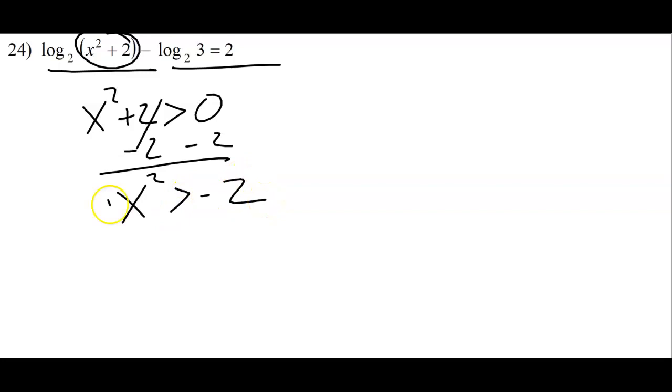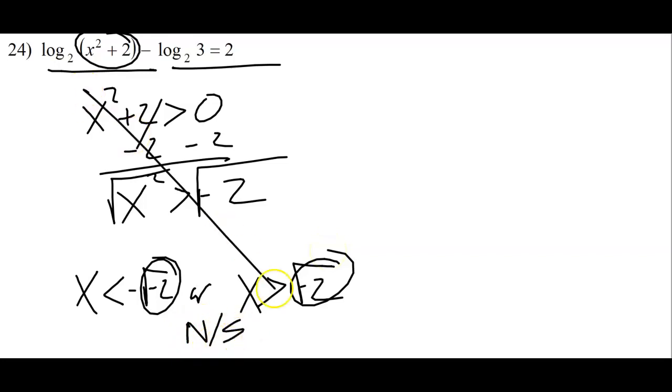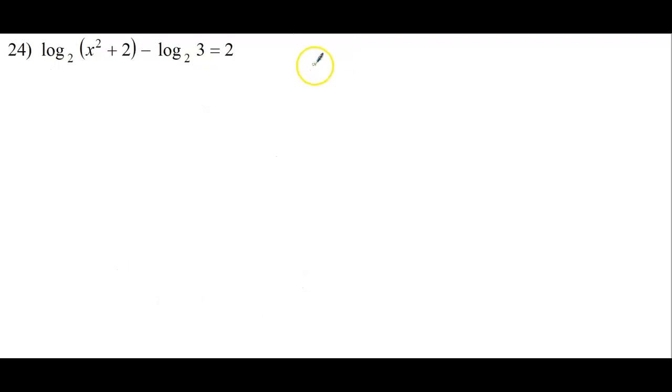When you have an inequality and you're solving by taking a square root, you get two answers, one where it's less than and one where it's greater than. The one that's less than is the negative version, and the one that's greater than is the positive version. But once again, we have a square root of a negative. When you have a square root of a negative, that means there's no solution, which means that there are no domain restrictions, which means that x can be anything. So we're good to go and we can start solving this.